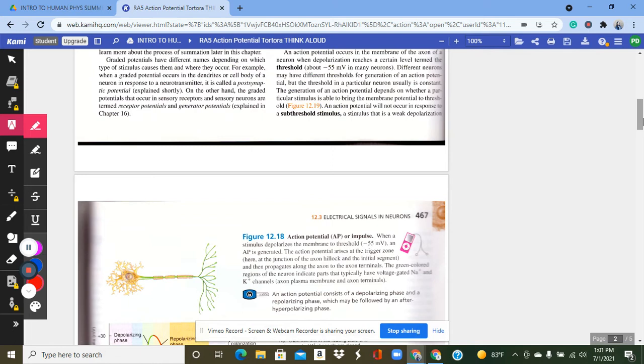If it's too small, then it probably leads to depolarization of the membrane, but the magnitude of the depolarization is not big enough to reach the threshold voltage. So yeah.